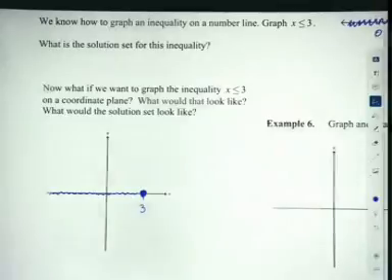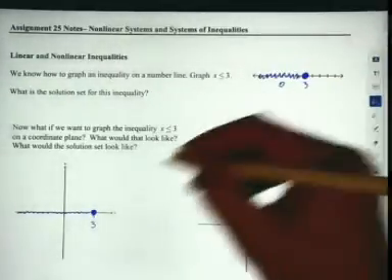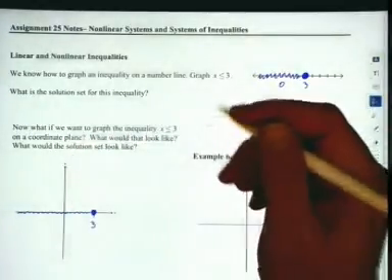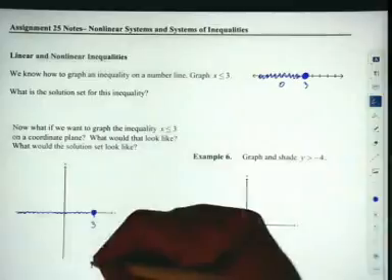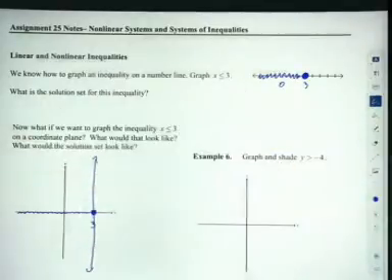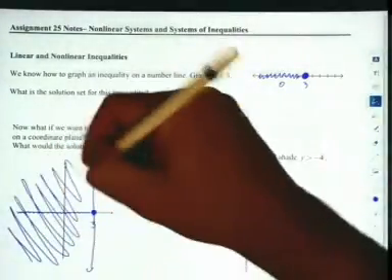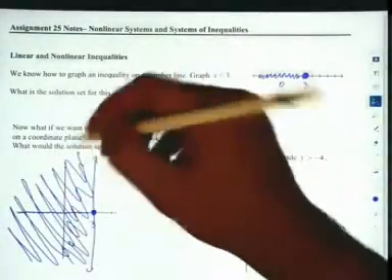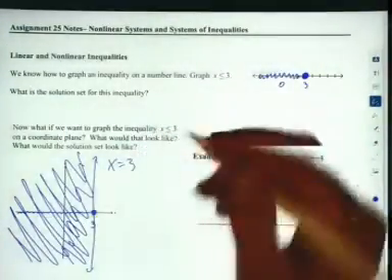But since we're on a coordinate plane, we're not just talking about x values now. We're talking about x and y values. So we have to think about including all of the points that would be to the left of that line, x equal to 3. So this is the line x equals 3.